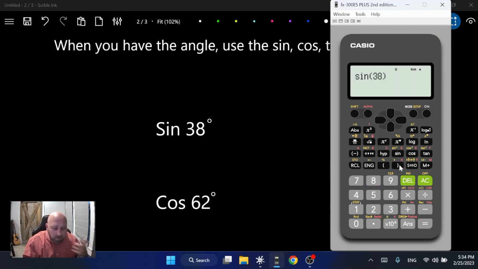The calculator knows it's degrees. In fact, we're in D mode, which is degrees, so that's important. And then we're going to hit equals, and it's going to give us an answer. Now, typically, these are rounded off to the thousandth, so 3 decimal places. So we're going to round this to 0.616.